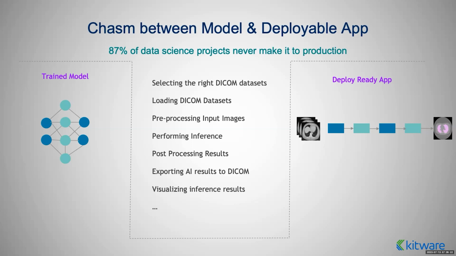Well, MONAI Deploy is meant to do this, because MONAI Deploy realizes that even though you've trained your neural network, there's all of this DICOM communication that has to happen. There's these pre-processing steps that have to happen, post-processing steps, visualization, and so forth. Well, MONAI Deploy is a presentation in and of itself. It's an amazing body of software that this group has developed, which allows you to offer your algorithm essentially as a service within a clinical DICOM-based workflow.